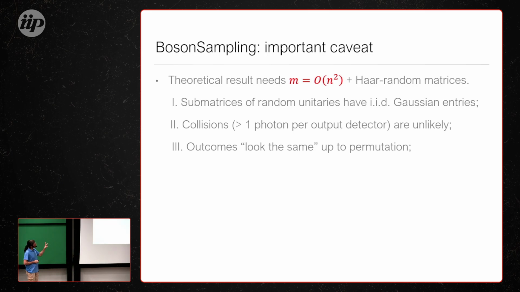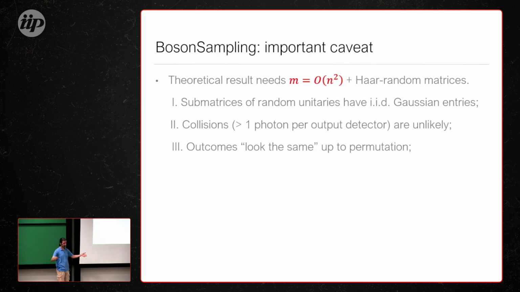The second reason is both experimental and theoretical, which has to do with collisions. If you have a few photons in a huge number of modes, these photons will tend to come out very separate from each other. A collision is when you get two photons coming out in the same detector, and this is very unlikely if you have many modes.